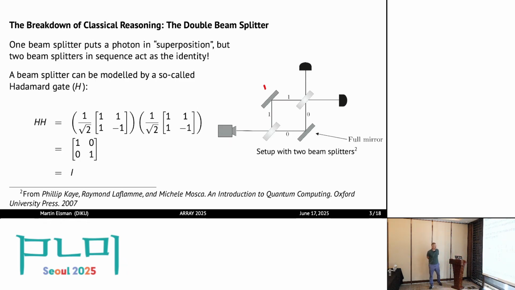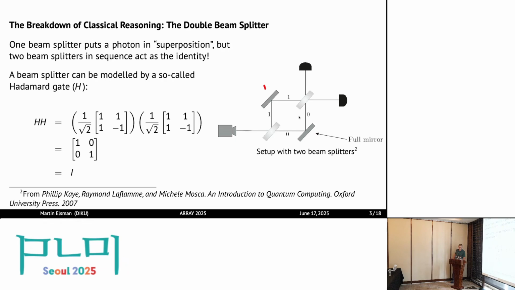The idea is that classical reasoning breaks down once you add these beam splitters. So you have a beam coming in here. Half of the electrons will go through. If you look at it probabilistically, half of them go up. That would be the classical interpretation.